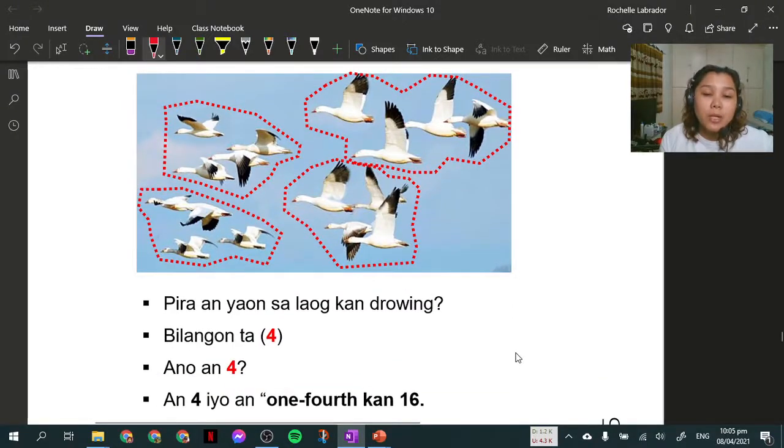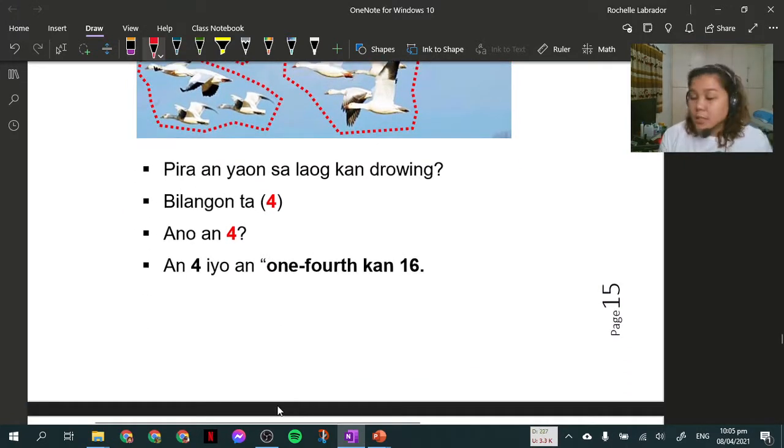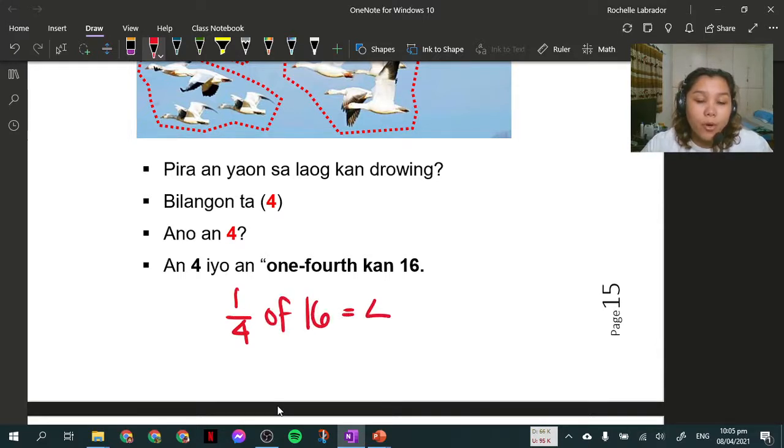So, 1, 2, 3, 4, 1, 2, 3, 4, 1, 2, 3, 4, 1, 2, 3, 4. Equal number of objects. So, ano ang 4? Ang 4, iyo ang 1/4 kan 16. Or simply, we can write it as 1/4 of 16 is 4.